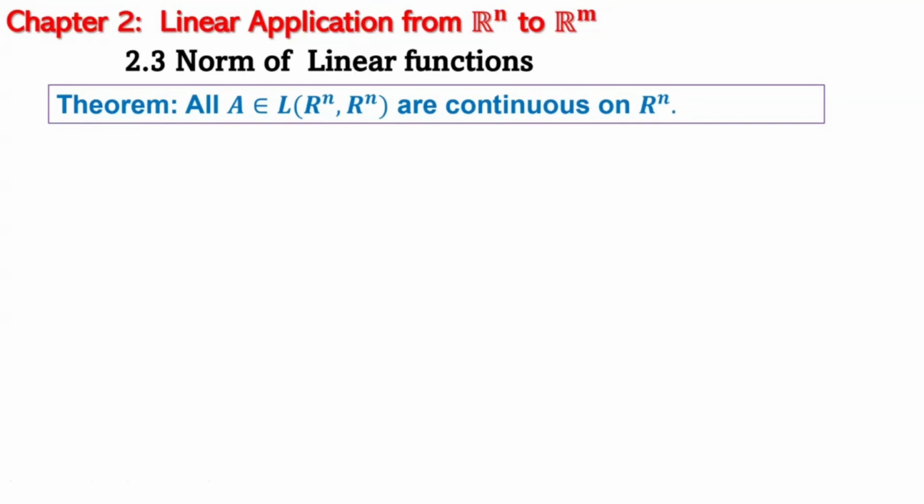So let A belong to L(Rn, Rn). Then mod of Ax minus A a.